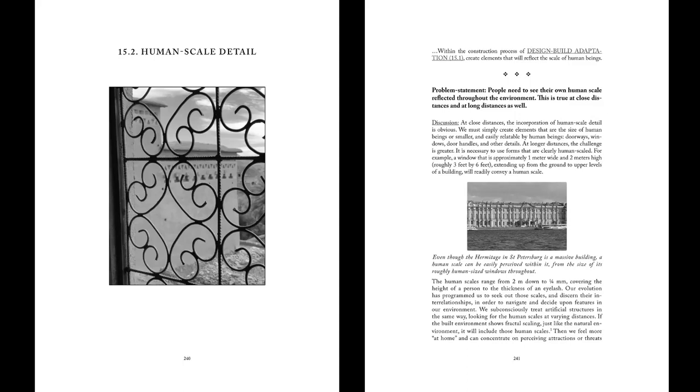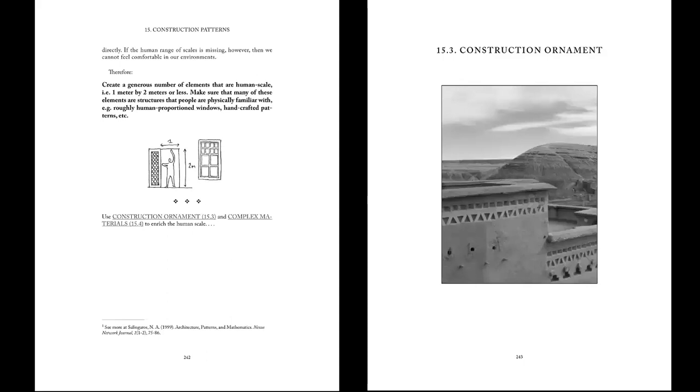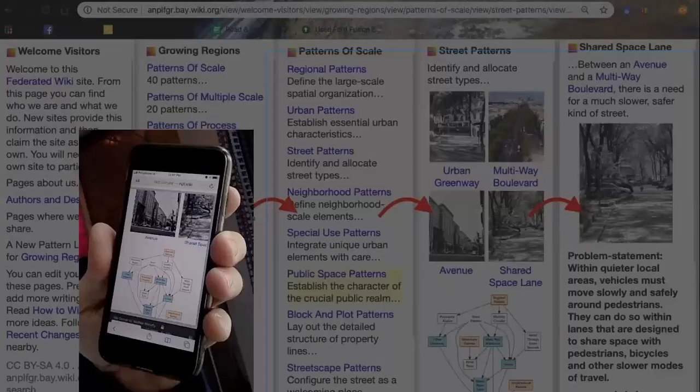We can look at those windows, for example, and see and feel the human scale in them, and the whole building is much more relatable to us as a structure. There's a little figure that describes the 1 meter by 2 meter scale that you're wanting to work at in some level of detail. Construction patterns of various kinds and so on.